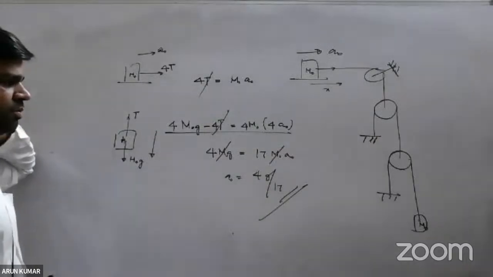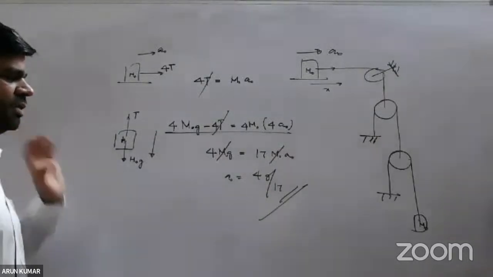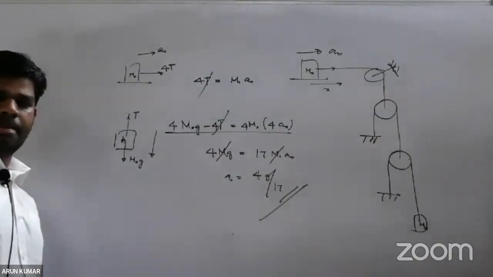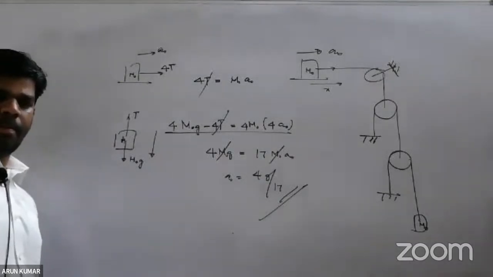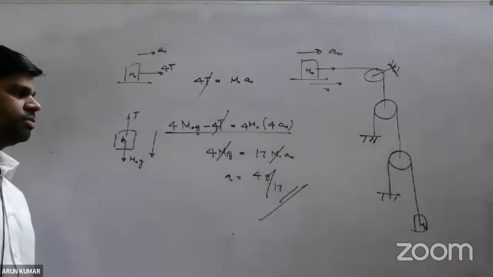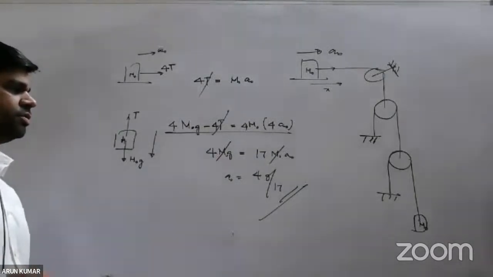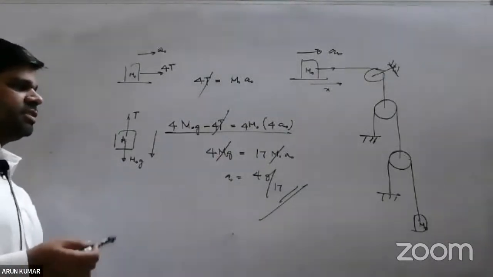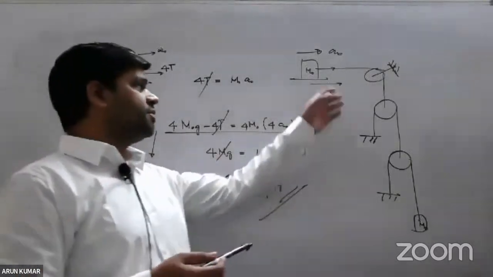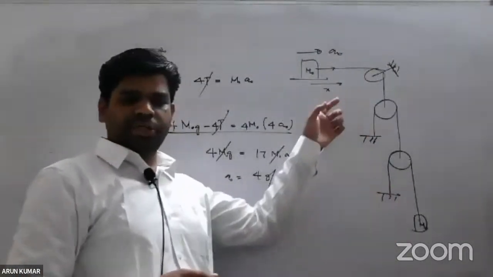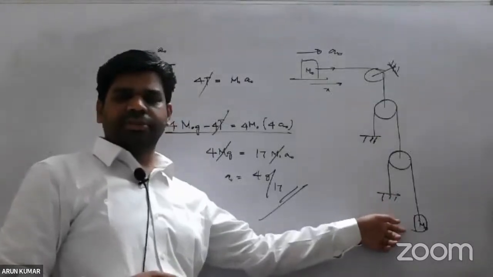Acceleration of the upper block, A naught, is 4g by 17. Acceleration of the lower block is 16g by 17, because if it's A naught, it's 4 A naught. I got A naught as 4g by 17, so it'll be 16g by 17.